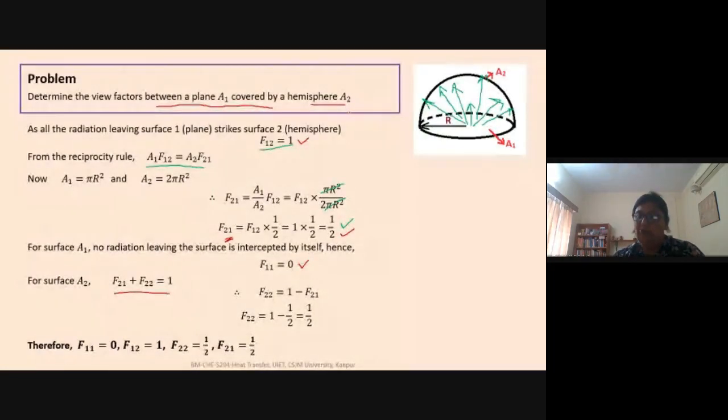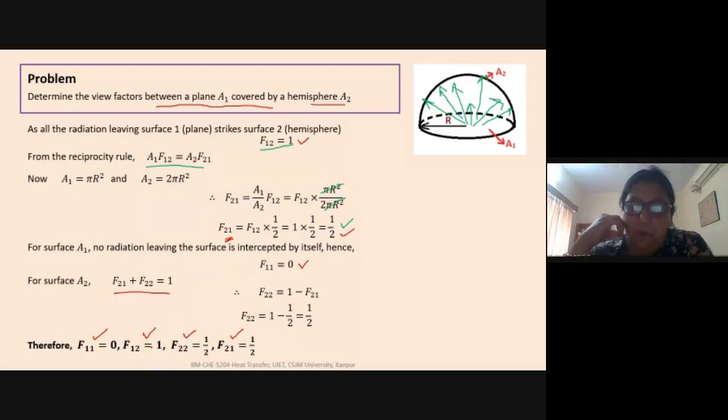That means from 1 to 2, all the view factors had to be found, but we have calculated everything. We found F11, F12, F22, and we have also found F21. So we have found all the possible view factors for this kind of surface that we have.